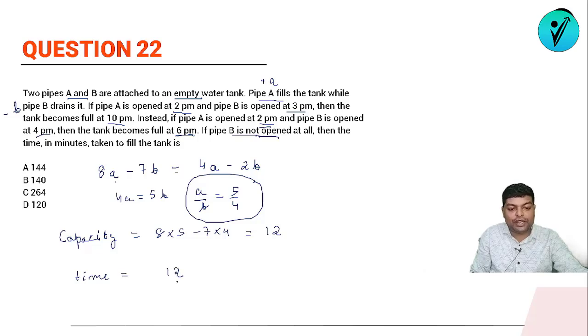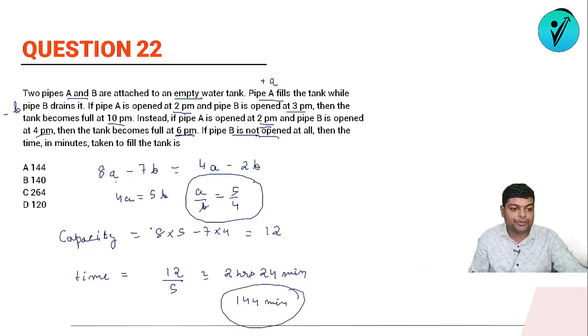It will be 12 upon 5. So 12 upon 5 means 2 hours and 2 by 5, so it will be 24 minutes. So or basically we can say it is 144 minutes. Okay, so answer to this question is what? It is 144 minutes. So this was question number 22.